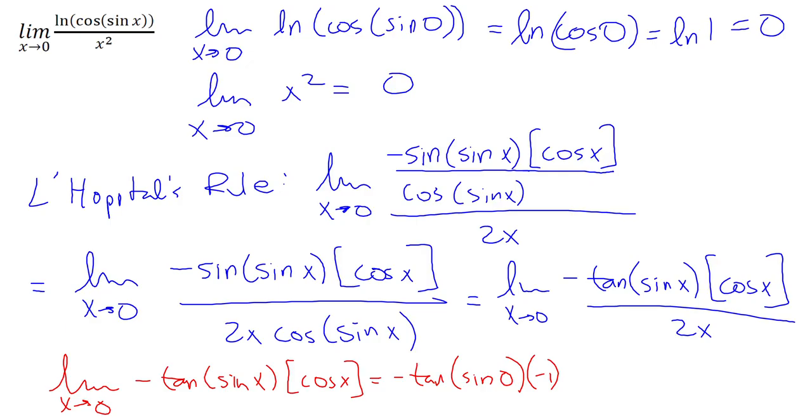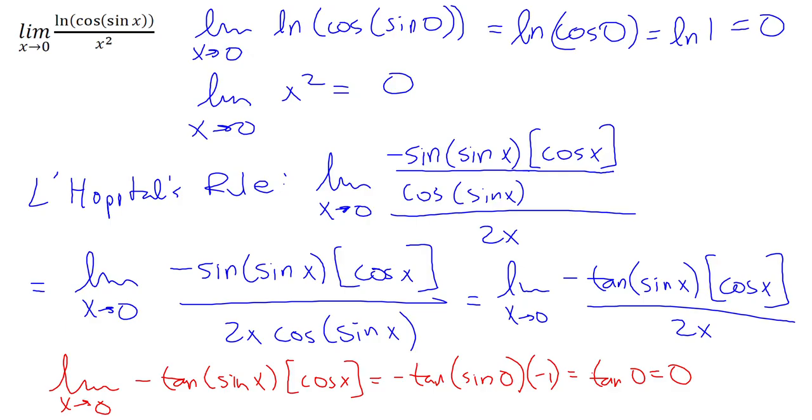Well, the sine of 0 is 0, so this is just negative, 2 negatives, so we'll cancel out the negatives, actually make it a positive. A negative here and a negative here cancels out. So that's just the tangent of 0, which is 0.